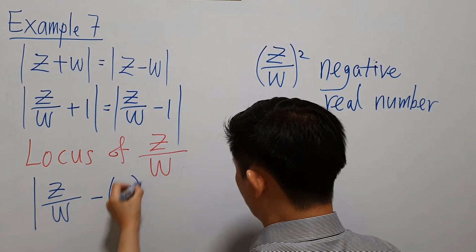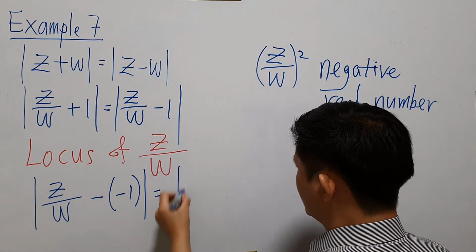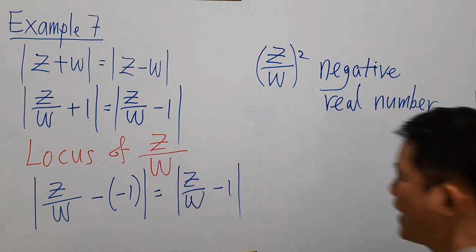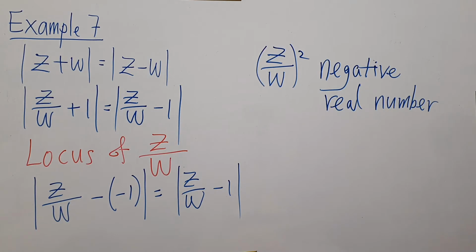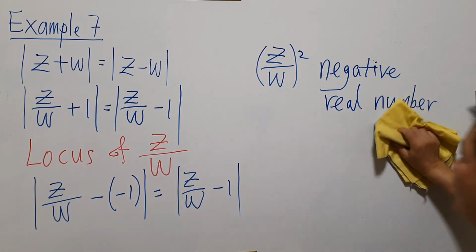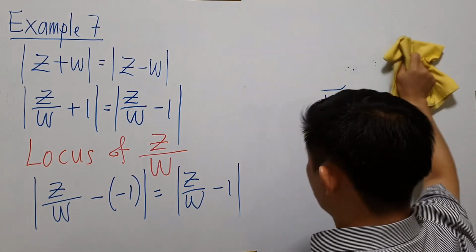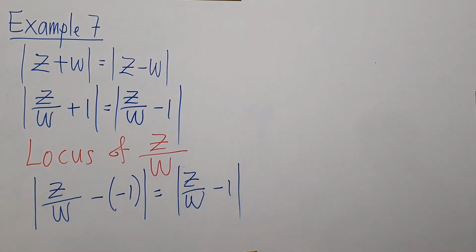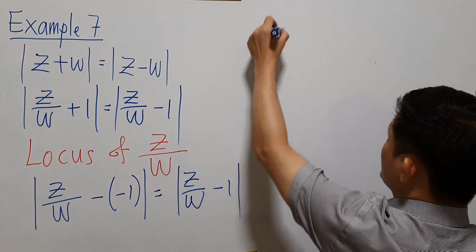If you rewrite the equation in this form, you will see that this is actually the equation of a perpendicular bisector. The perpendicular bisector between 2 points. Which are the 2 points? The points are -1 and 1. So let's draw the locus of points Z over W that satisfy this equation.